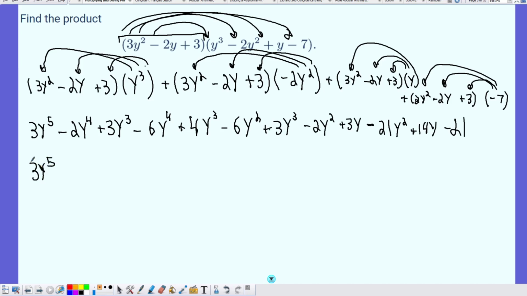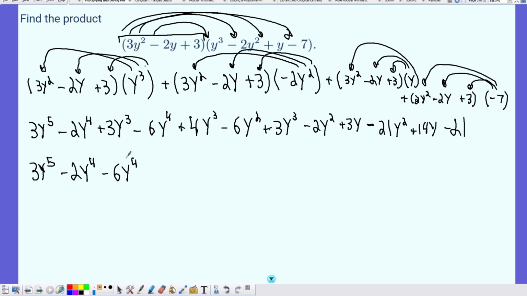And since there's no other terms to the fifth power, now I'm going to write all my terms to the fourth power. So negative 2y to the fourth. And then my other term would be negative 6y to the fourth. And I believe those are the only two y to the fourth terms we have.